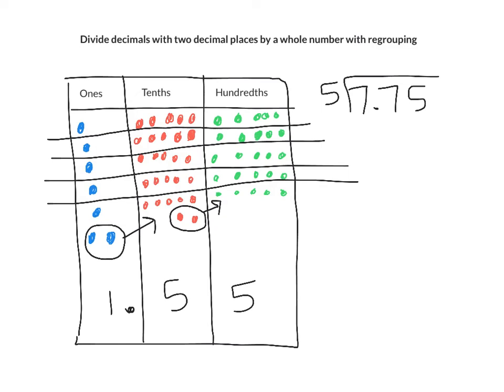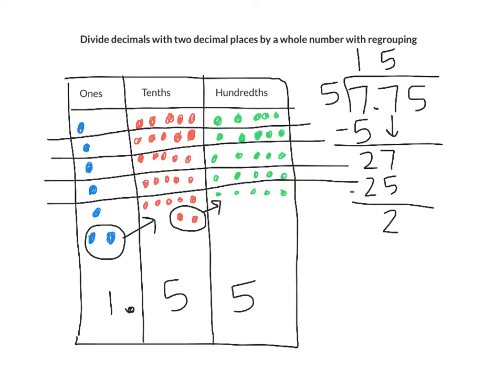Now we'll use long division to solve that example. We'll start with our ones and do 7 divided by 5, which is equal to 1. 1 times 5 is 5. 7 minus 5 is 2. Then we bring down our 7/10 because we regrouped. So we have 27/10 divided by 5, which is equal to 5/10. 5/10 times 5 is equal to 25/10.